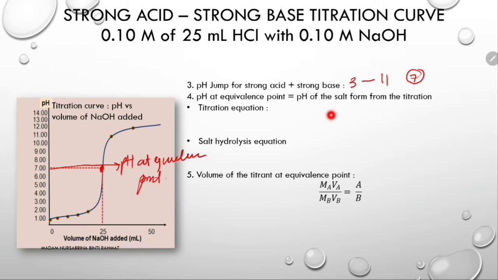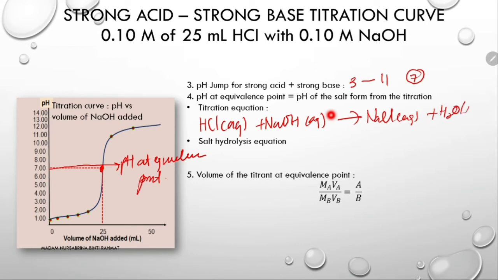So how can I know this is the value of the pH? You have to refer to the salt formed from the titration. My reaction is between HCl and NaOH, so from the reaction I am going to produce NaCl salt plus water. NaCl comes from Na plus aqueous and chloride ion aqueous.